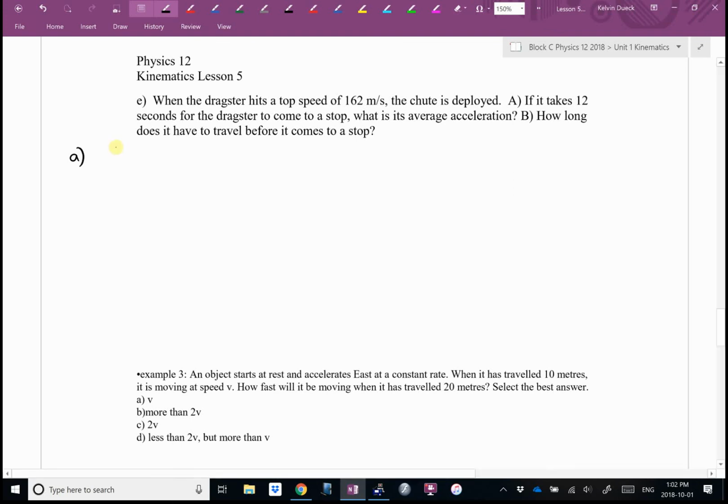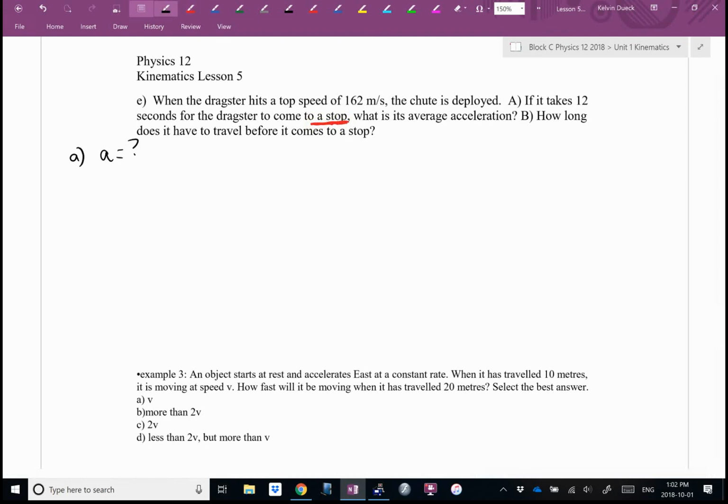So you're saying A wants us to find A, Trevor? What else do I know? What's that 162? VF? Which one? Read carefully. What's V final? 0.